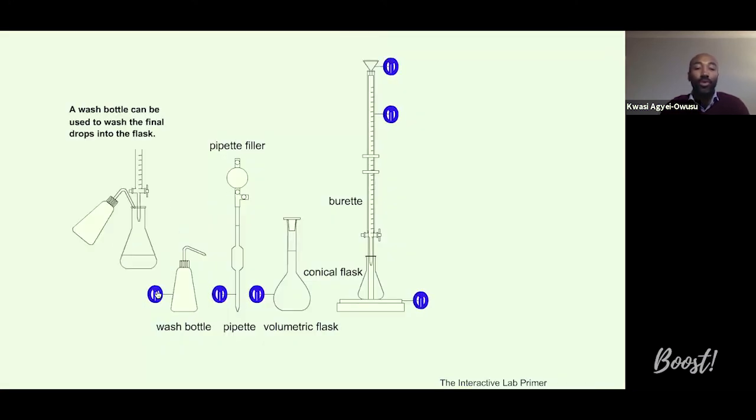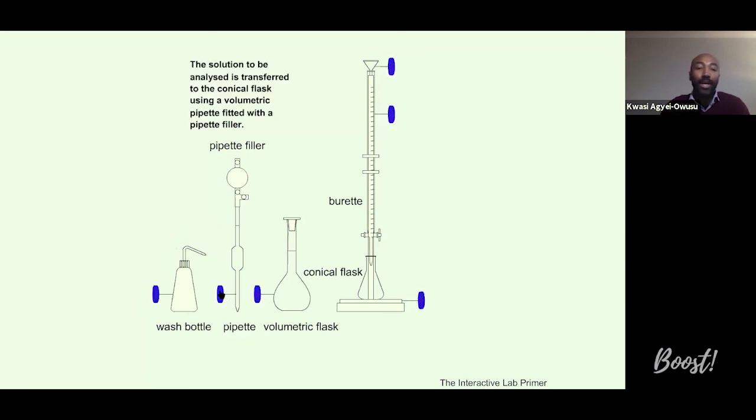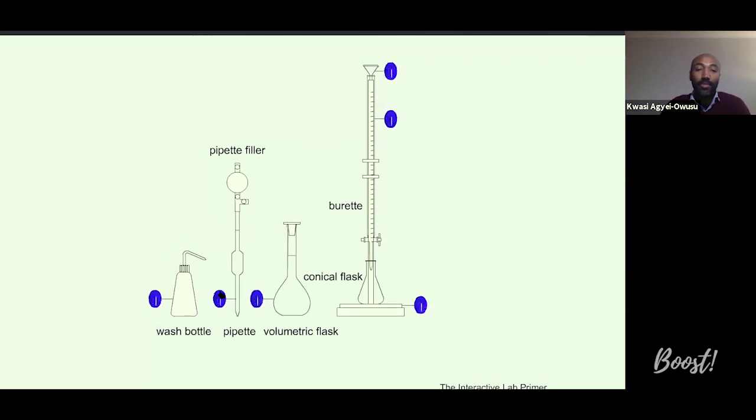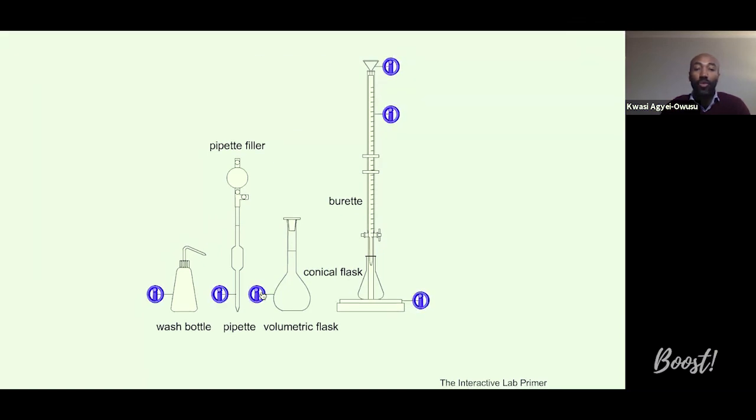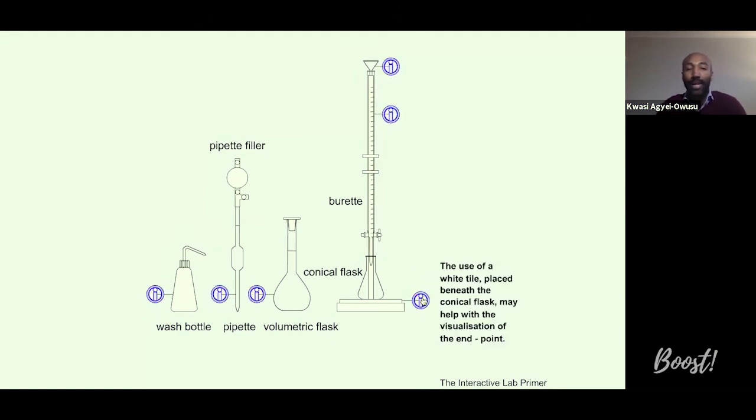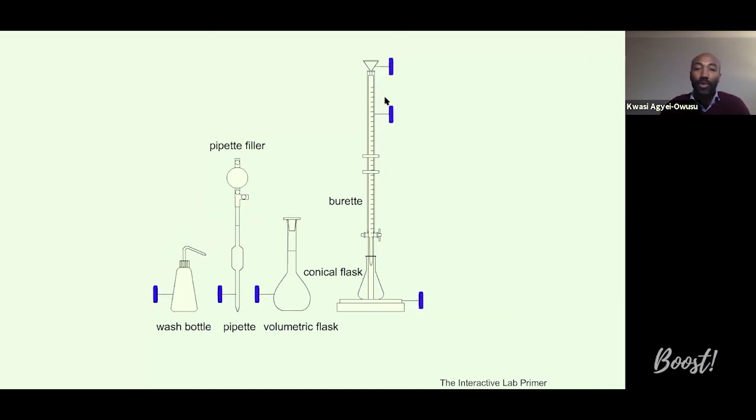So you've got a wash bottle, you've got a pipette and pipette filler, and then if you move along one, you've got your volumetric flask and a white tile, often used to allow you to visualize the endpoint more accurately. And then you've got a burette, and in the case of dark solutions, you can have burettes that have white markings on them to allow you to read volume accurately.